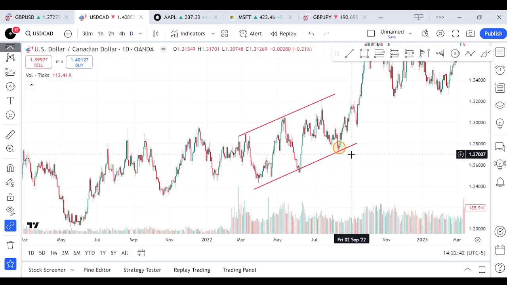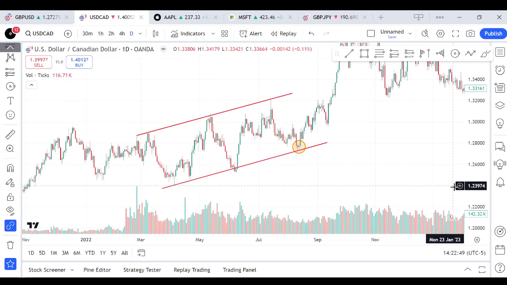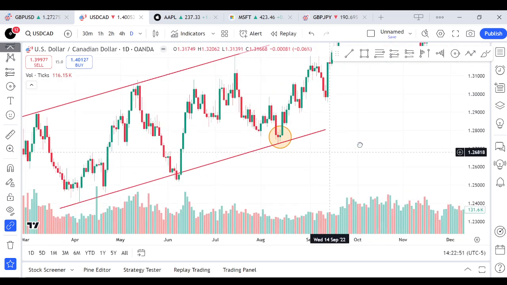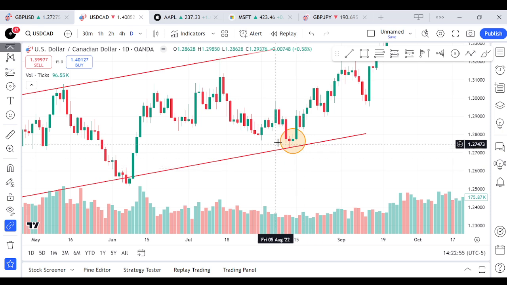As price got to the lower trend line, you can see this bullish spinning top candlestick pattern right there. When you spot it like this, the ideal entry strategy is to wait for a confirmation candle after the bullish spinning top, and this candle should close higher than the spinning top to confirm the bullish sentiment.